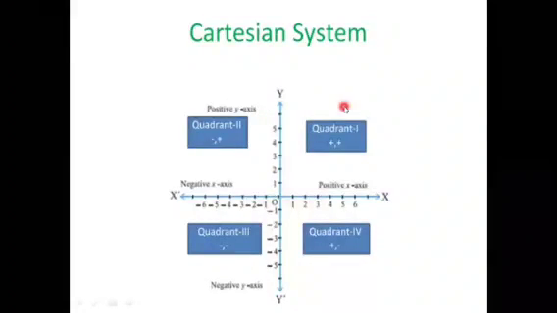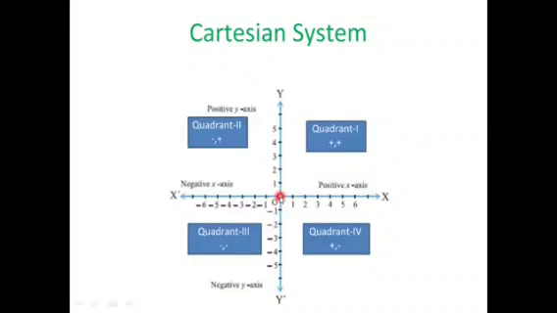Let us now understand the Cartesian system in detail. The Cartesian system has a Cartesian plane which is divided into four regions by the x-axis and the y-axis. Now, the point where the x and the y-axis meet is called the origin.